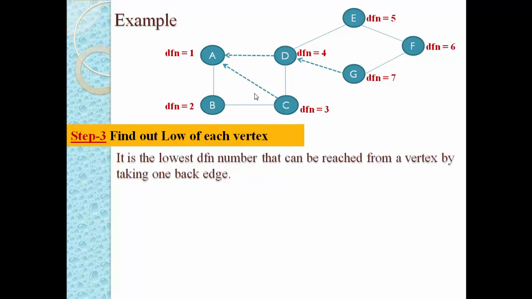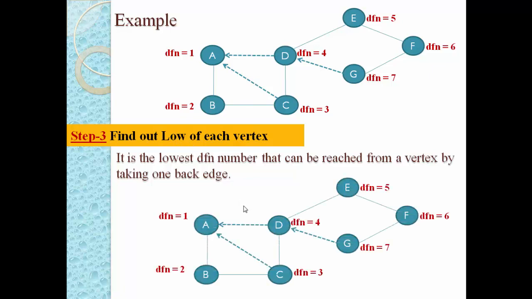We have already added the different back edges, and using them we can identify the low of each and every vertex. We are not going to identify the low of our first node, A, because node A has a DFN number 1, which is lower than all the other nodes. So we start from node B, our second node.